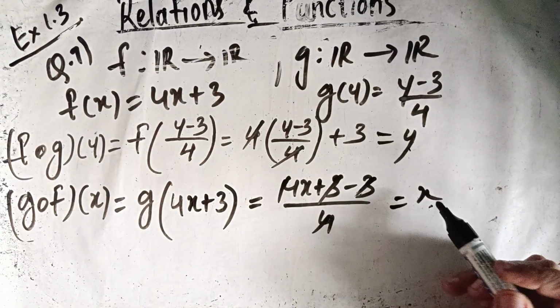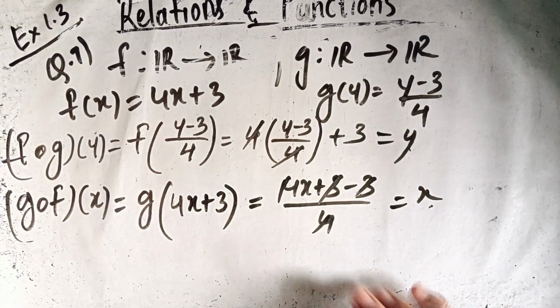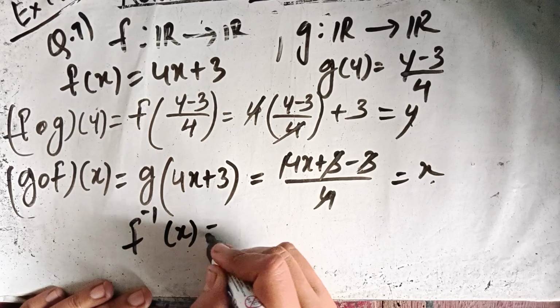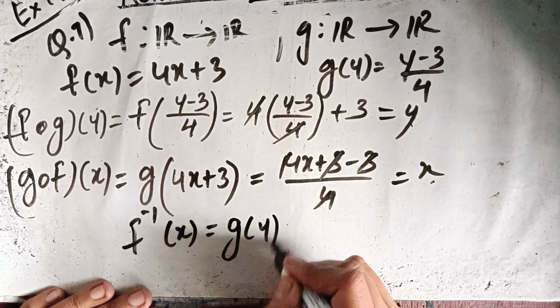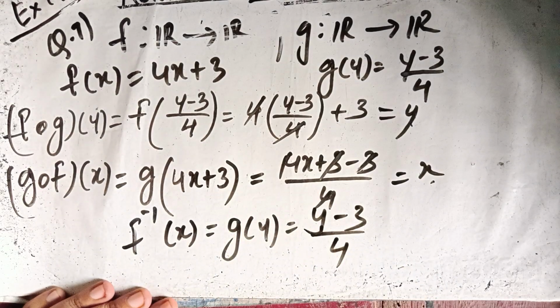So both we are getting identity. So f is invertible, the inverse of f exists. So f inverse of x is defined as g of y, which is y minus 3 upon 4.